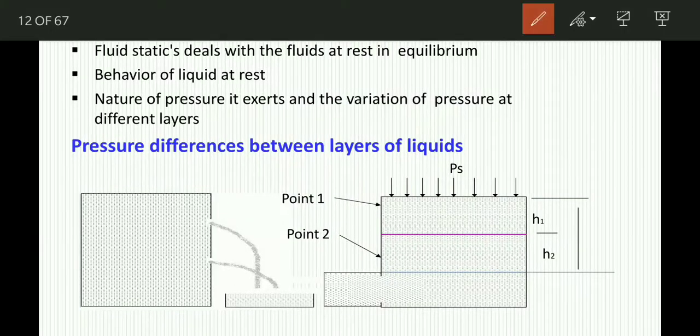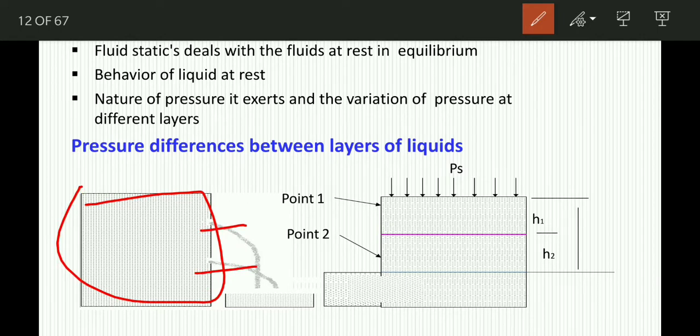Consider a column of a liquid with two openings which are provided at the wall of the vessel at different heights. The rates of flow through these openings are different because the pressures exerted at the different heights are different.